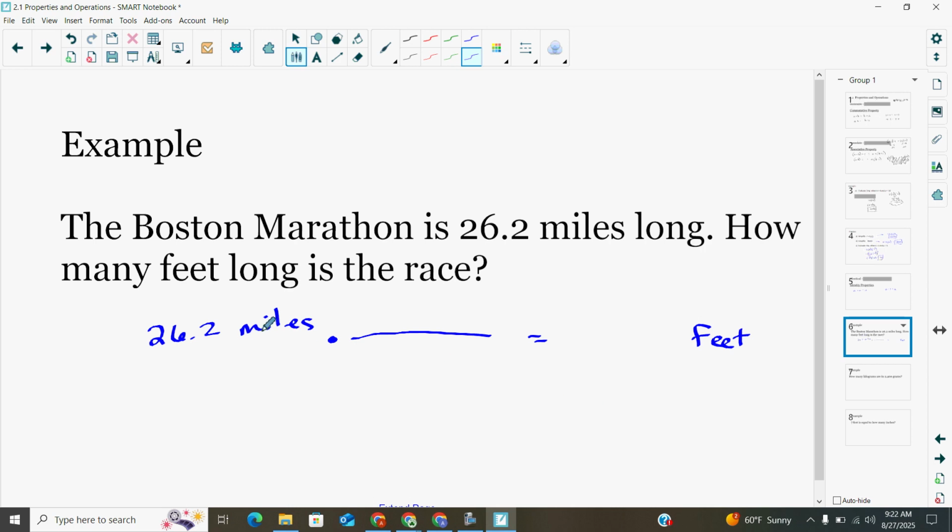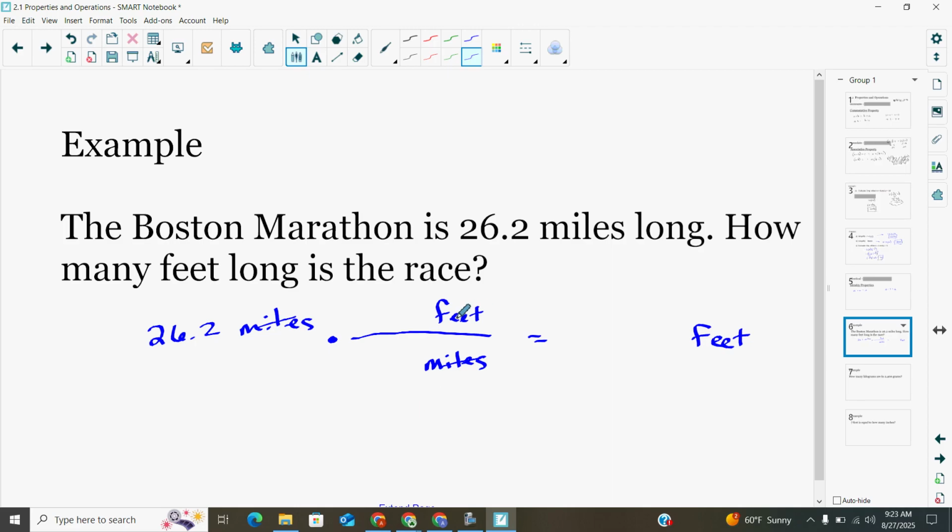So to get rid of miles, I need to divide miles by miles. Those units would go away, just like 2 divided by 2 is 1. I'm going to put feet on top here.